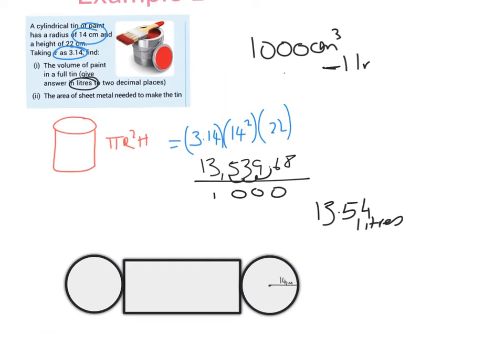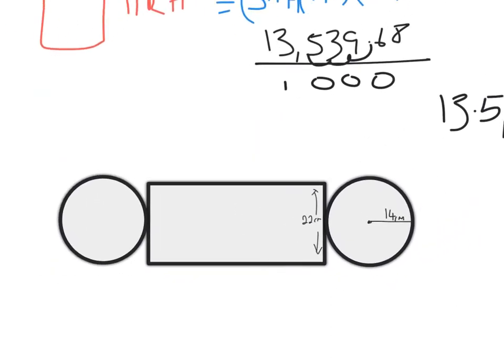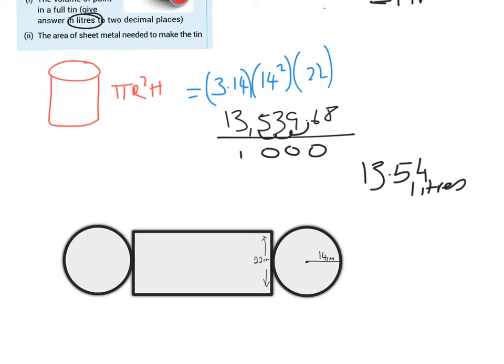I'm also told that the height is 22 centimetres, so when I have the tin itself, its height is 22 centimetres. And now I have to find the area of each of those.